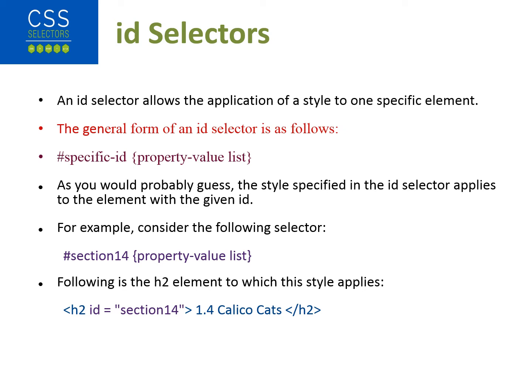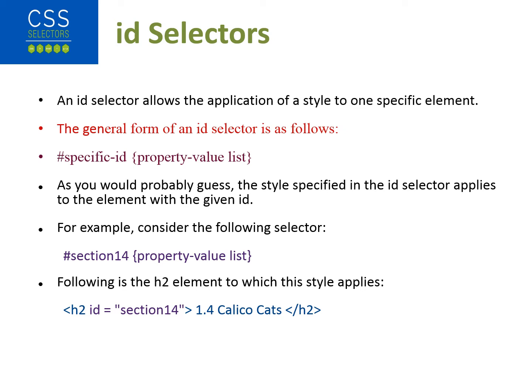As you would probably guess, the style defined in the ID selector applies to the element with a given ID. For example, consider the following selector: #session14 with a property value list. We can use this session14 ID with any of the tags.